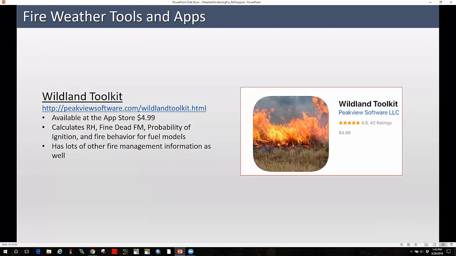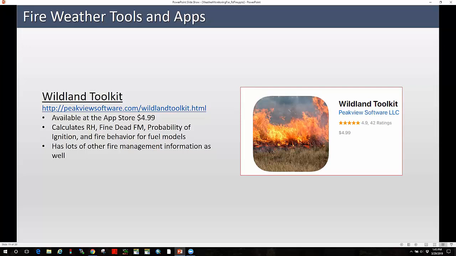So that's doing it the old school method, running through the tables. There are some digital versions of those tables that can speed up the process. One application that I like to use is the Wildland Toolkit. It's not free. There may be other apps out there that do this for you. I'm not personally tied to this software in any way, but it is pretty useful, and you can type in your relative humidity and temperature, and it can calculate fine dead fuel moisture, probability of ignition, and it also will do a lot of fire behavior calculations if you're interested in that.